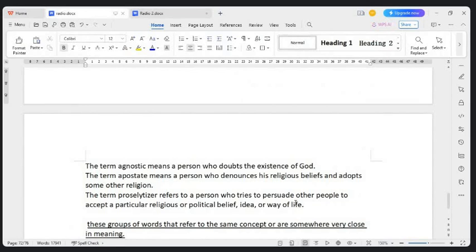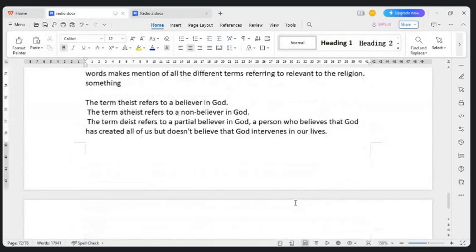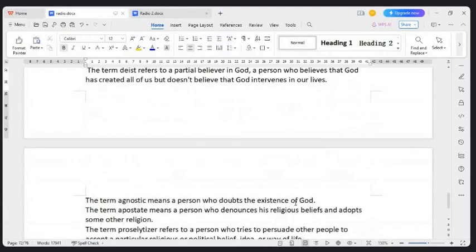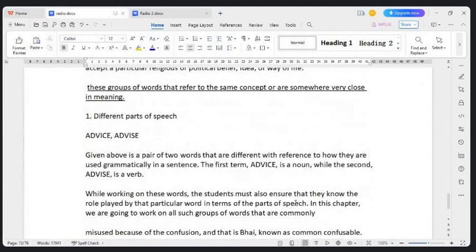Okay, these are a group of words that refer to the same concept. Everything talks about religion, but their meanings are somewhat close to each other, and yet they are so different from one another. These words refer to the same concept, but the settings are different.